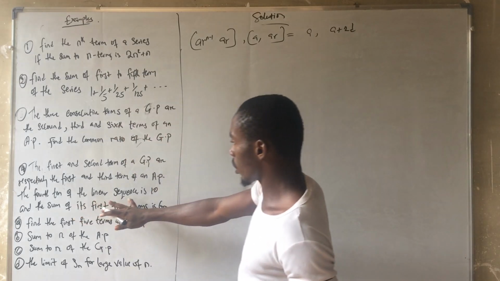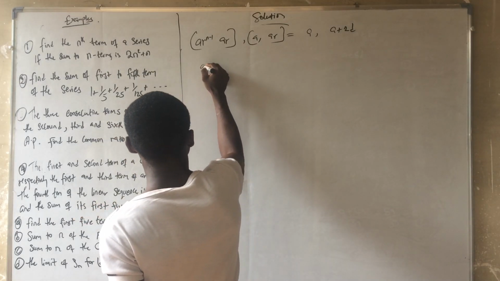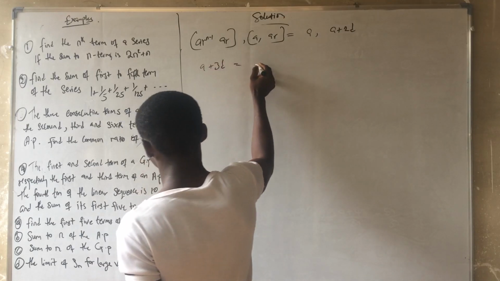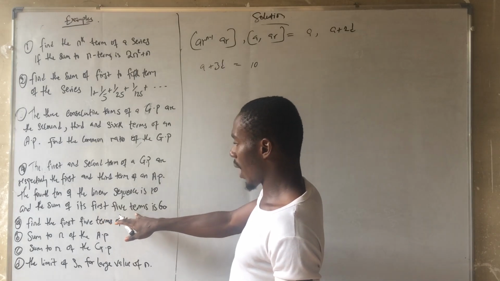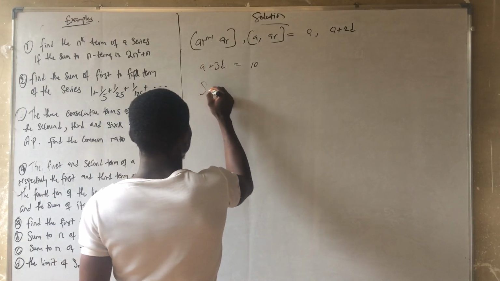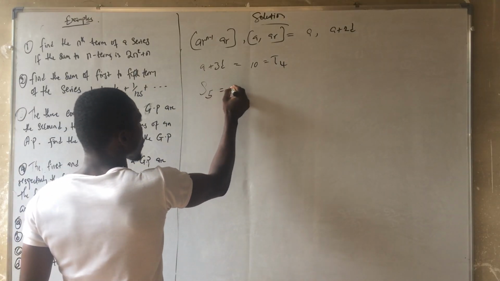They gave us a hint: the fourth term, which is A plus 3D, is equal to 10. And the sum of the first 5 terms, S5, is equal to 60.